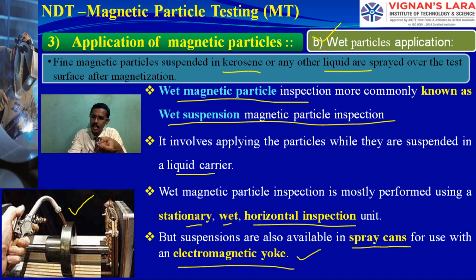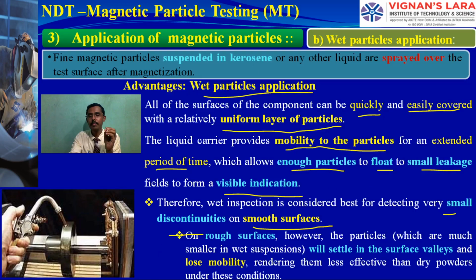Therefore, wet inspection is considered the best for detecting very small discontinuities on smooth surfaces. With dry powder, the particles may stack on the surface and not go deeper. But compared to wet particles, the liquid will definitely find all the zones and go inside. So it is more recommended than dry particles.